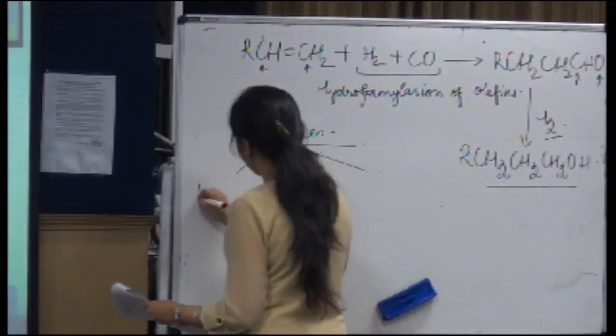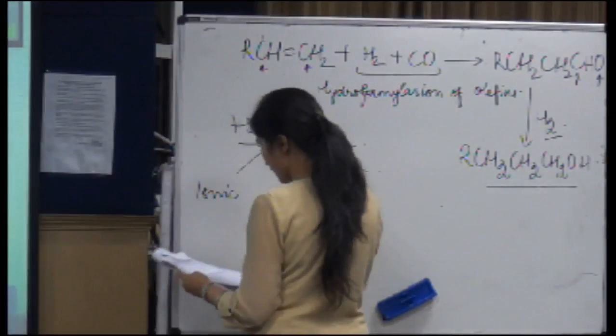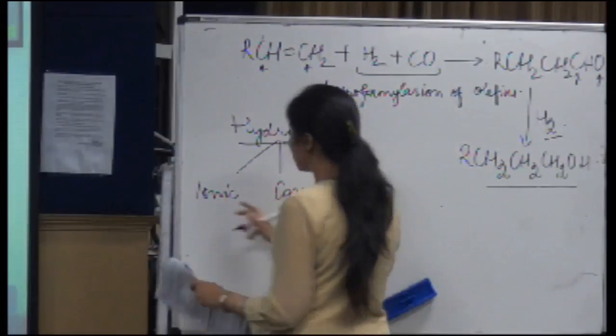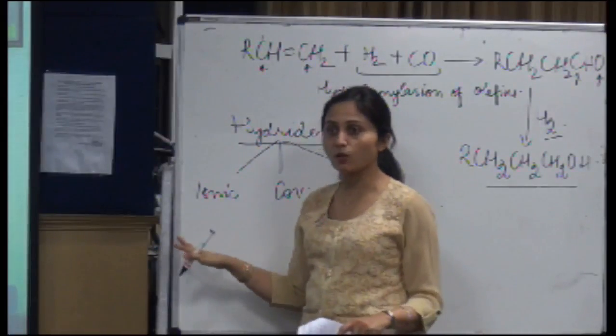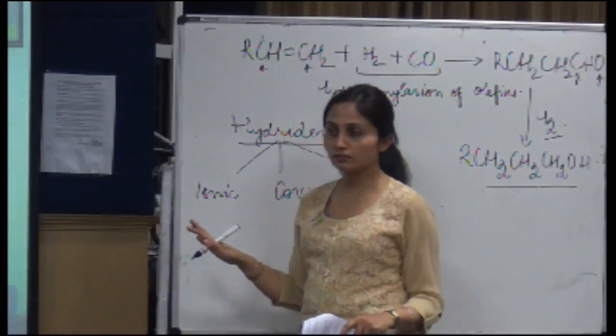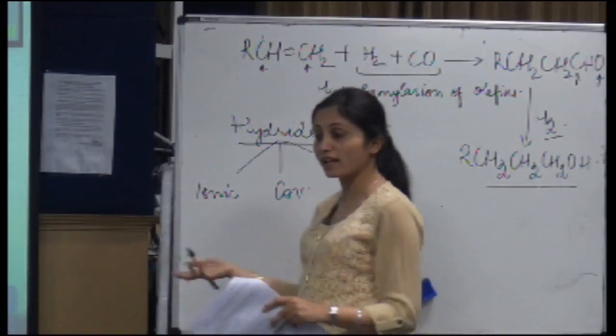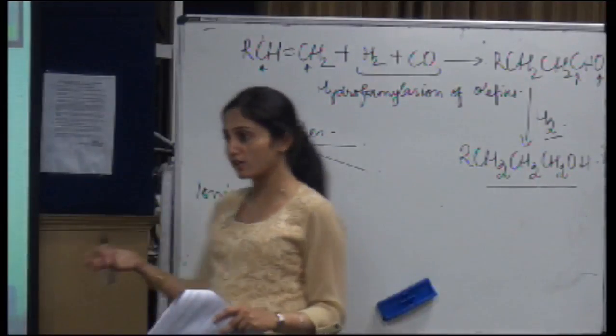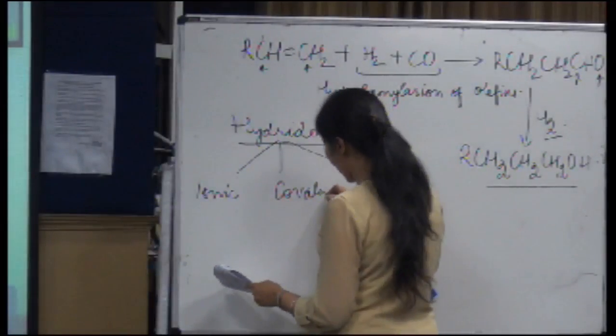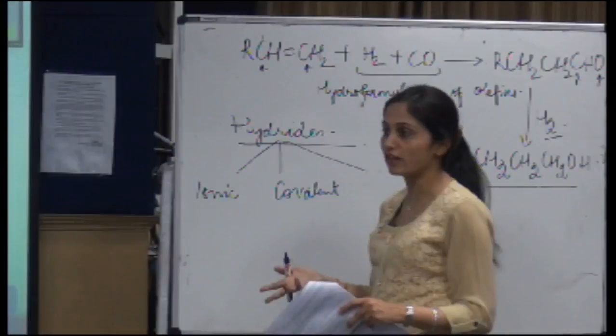You can have ionic hydrides, known as saline hydrides. Saline means salt-like hydrides. Covalent hydrides are generally the molecular hydrides.